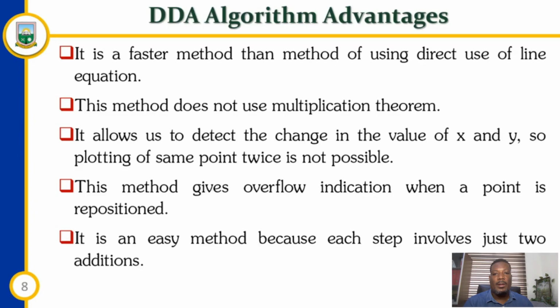Secondly, it also does not use the multiplication operation in the DDA algorithm. Now it's impossible to have the same points plotted twice when you use the DDA algorithm, and the reason is it allows us to detect the change in the value of x and y.